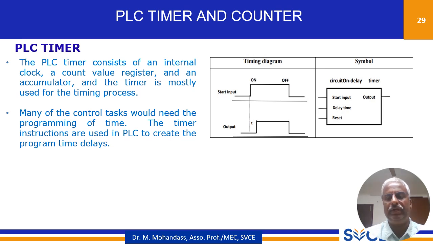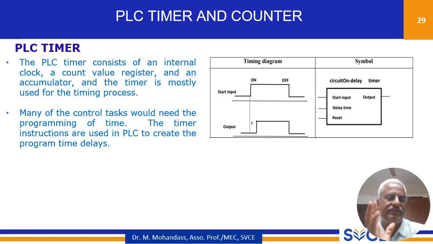Then it will give the output, to operate certain relays or solenoid valves, etc. I understand it is very difficult for you to cope with this theoretical part of the PLC timer, but once you start to work on PLC programming in the laboratory session, you can easily understand.